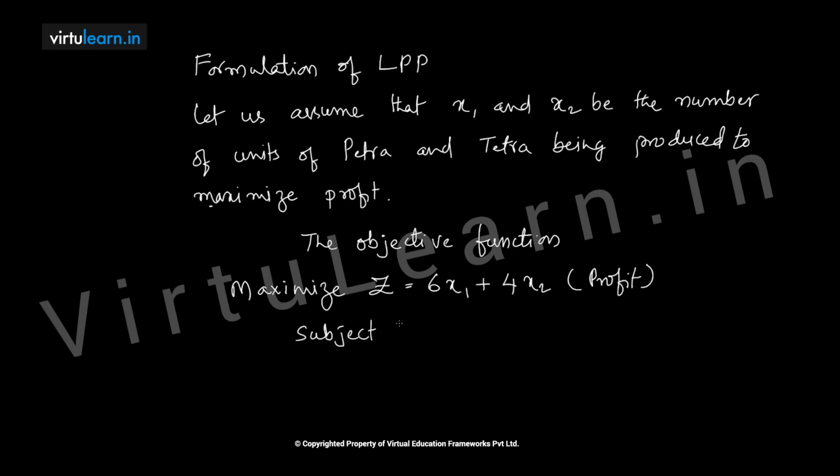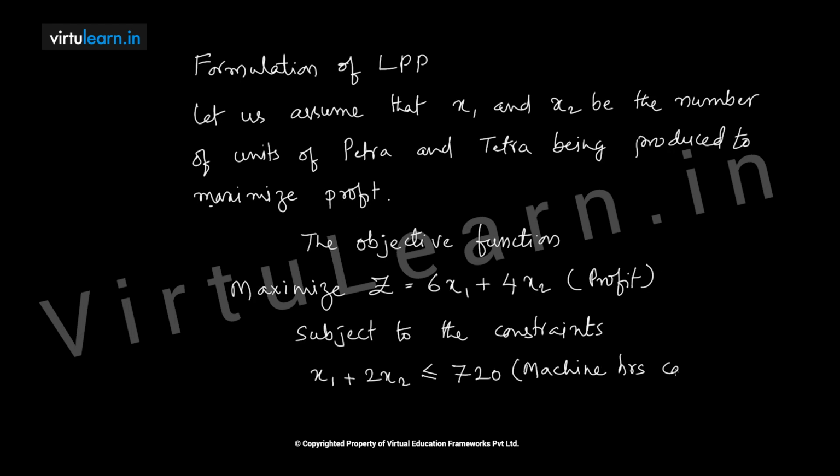Subject to the constraints. What is that constraint? x1 plus 2x2 is less than or equal to 720. That means only 720 machine hours are available, so we call this the machine hours constraint.